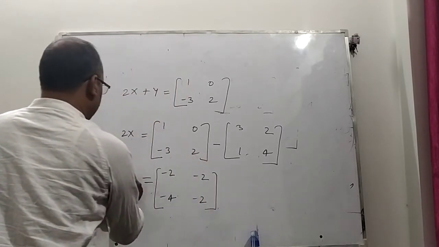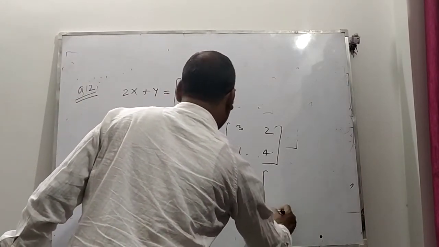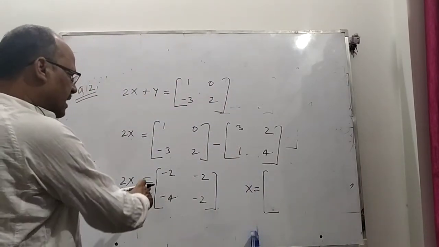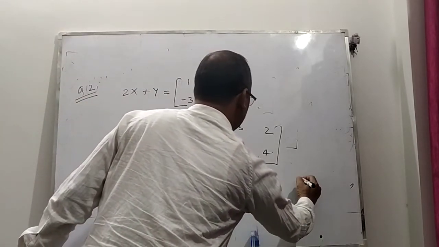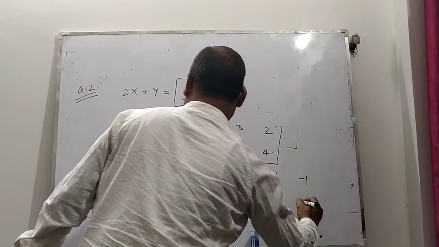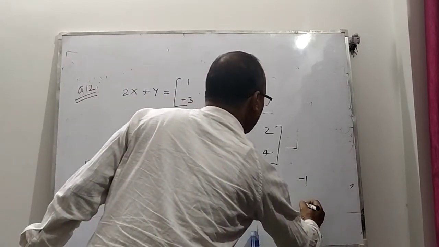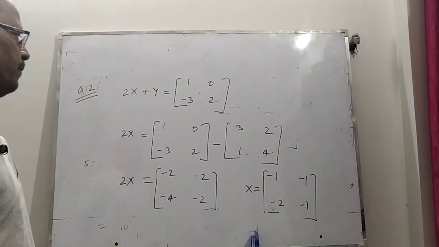Then it is the 2X. Then matrix X is equal to, it is divided by 2. Each element is divided by 2. It will become minus 1, minus 1, minus 2 and minus 1. Is it clear?